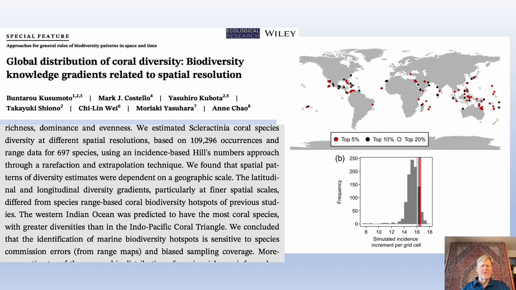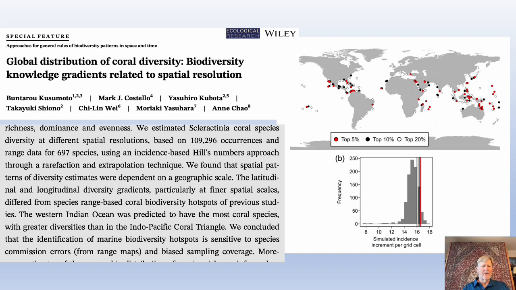Consequently, there's a need to consider new ways of estimating richness of species in the Western Indian Ocean, and one of the primary aims of this project was to develop modern techniques to estimate biodiversity when there is not a large amount of sampling done by professionals such as museum collectors.